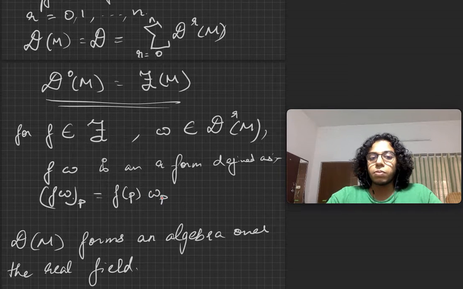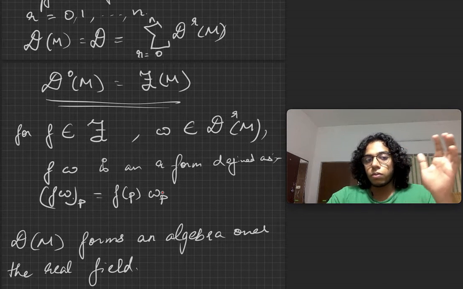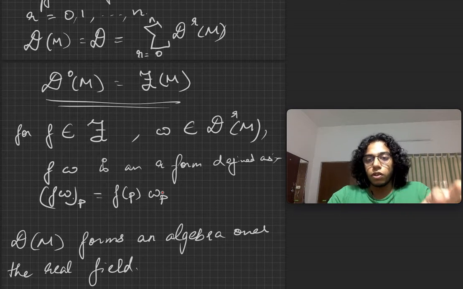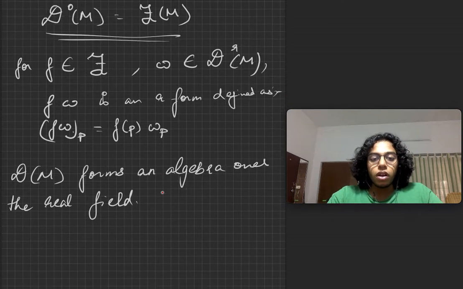You can write down both f and omega in the basis of the local coordinates. So this is a pretty simple definition. It is something similar to what happened earlier with the tangent vector, where f times X gives you f times X at the particular point p. So this is something similar that's happening here.